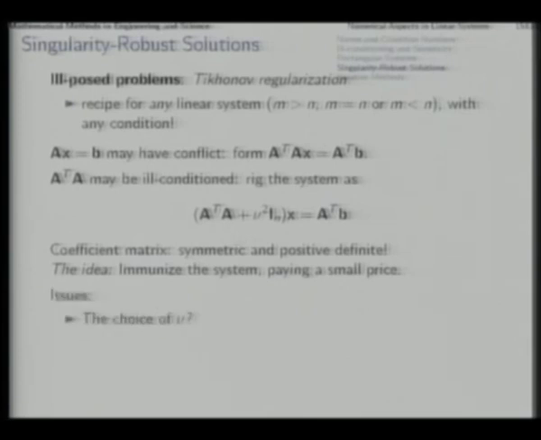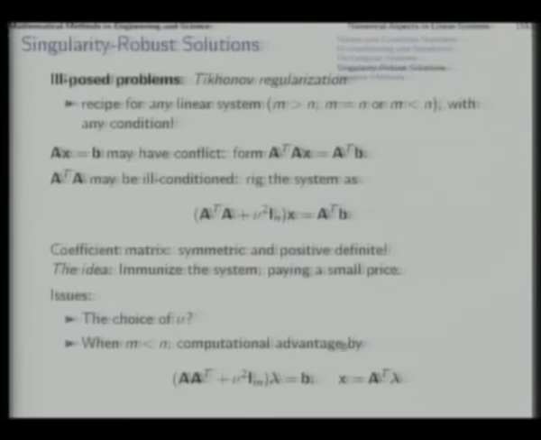So, the issues are the choice of nu, which is in your hand, and another small issue is that if m is smaller than n, that is the number of equations is less, then rather than handling an n by n matrix here, you could get computational advantage by considering an equivalent system. Rather than solving this, you could solve this: rather than an n by n system, you will be solving an m by m system, get lambda and then evaluate x separately.